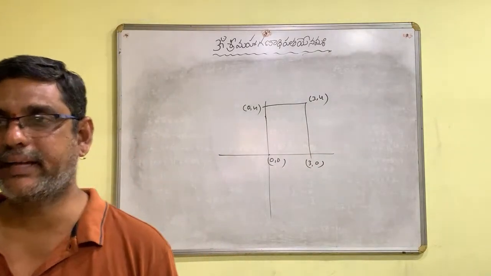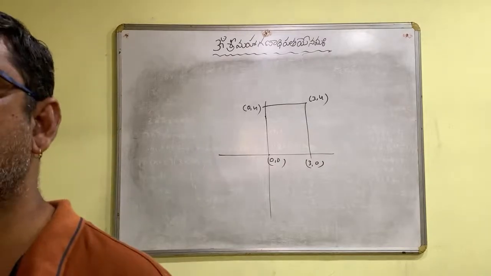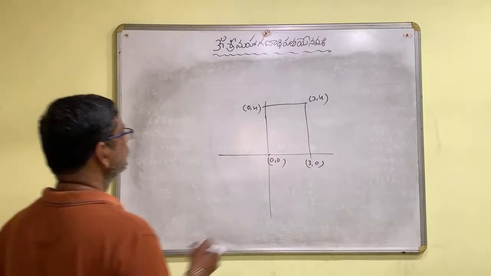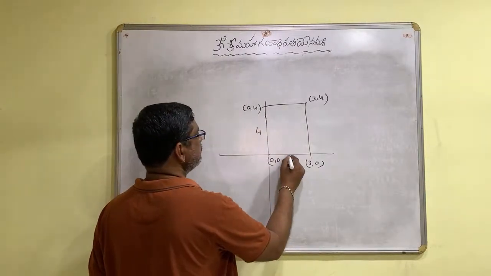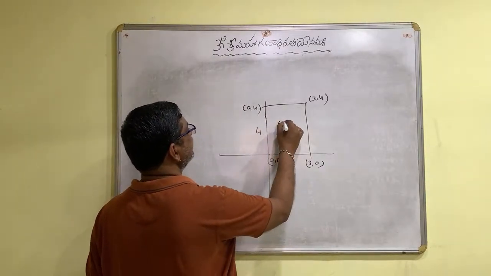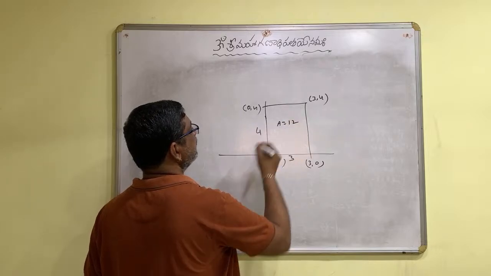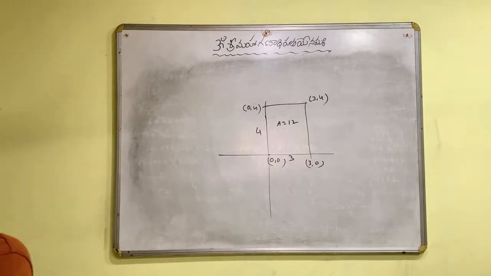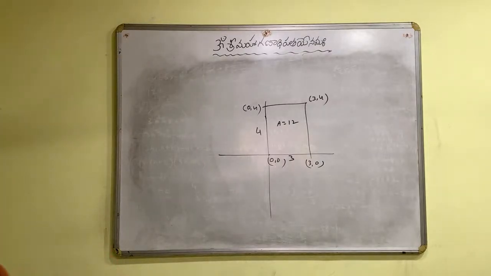Rectangle. We'll get a rectangle whose length is 4 units and breadth is 3 units. Area 12, perimeter 14. Next question.